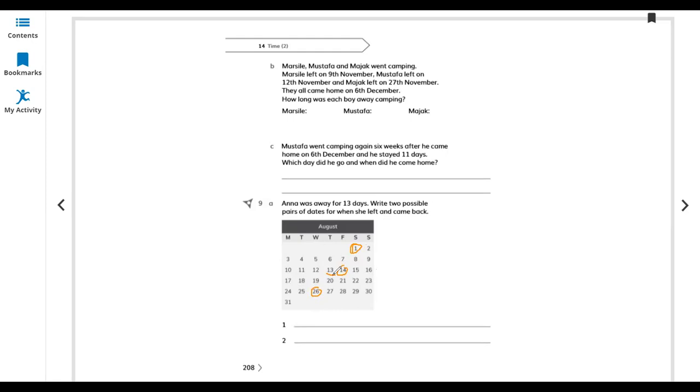So first from 1 to 13, and then 14 to 26. You can write these dates here, same as the previous question number 8.